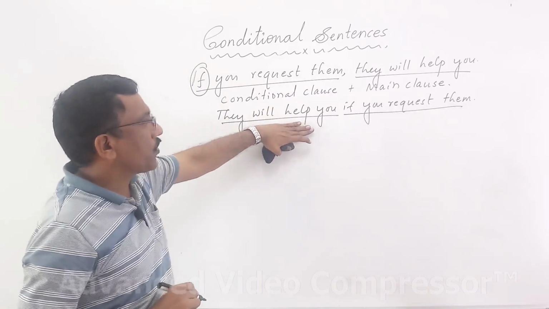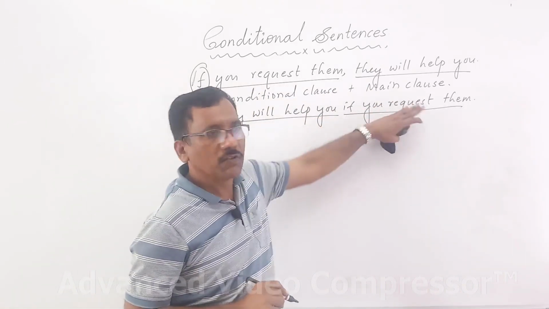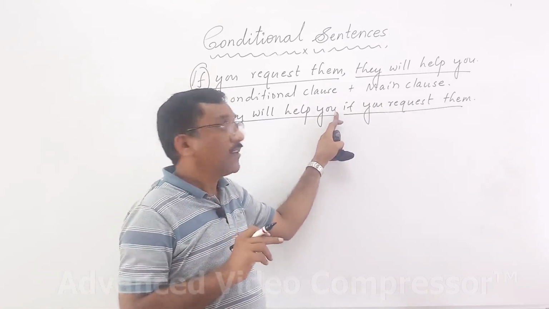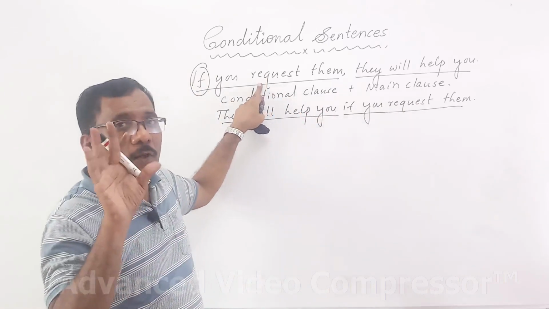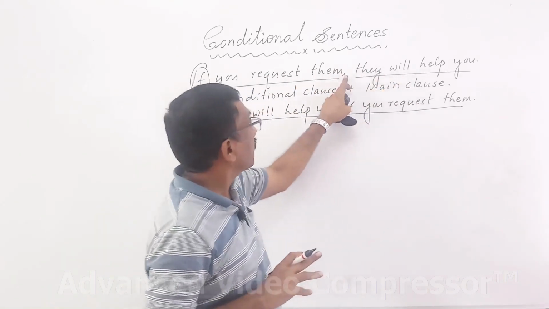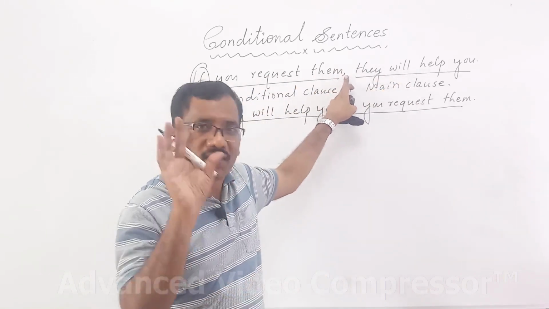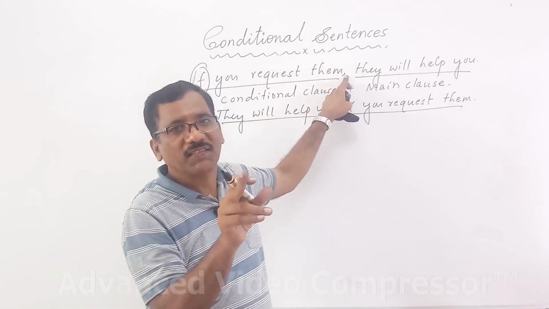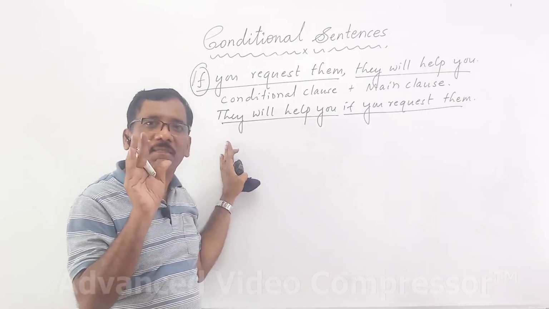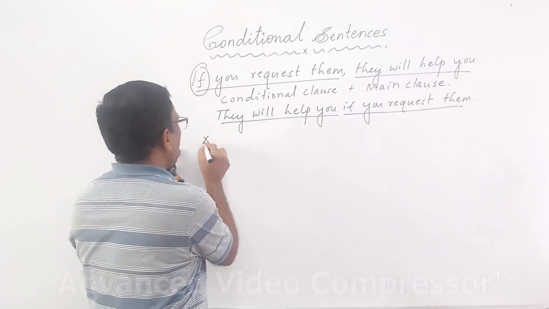When the conditional clause comes after the main clause, there's no need of using a comma. But when the conditional clause comes first and the main clause next, after the conditional clause we are supposed to use a comma.